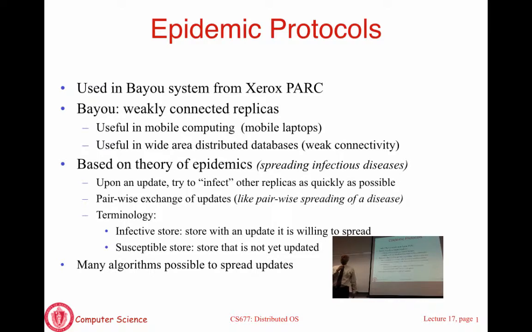So in that scenario, you cannot actually implement any of the techniques we have been talking about, because all of those techniques have implicitly assumed that all machines or all replicas are always connected to the network. So if you want to send an update, you can do so. Now, if that fundamental assumption is no longer true, which means machines are not even up, how do you propagate an update? You cannot guarantee strict consistency if a replica is actually not even connected to the network. How do you tell it that there has been an update?